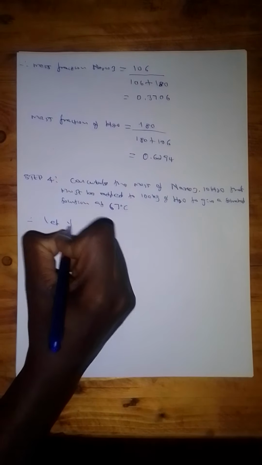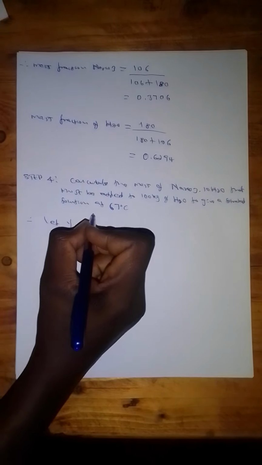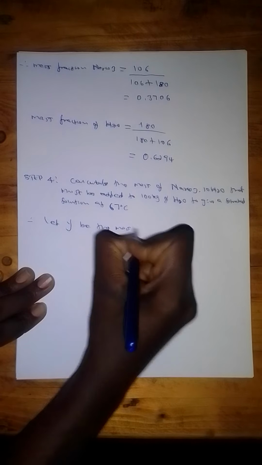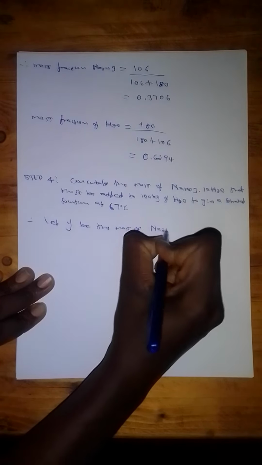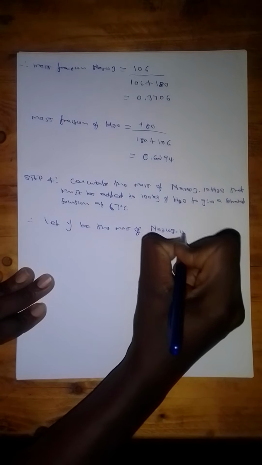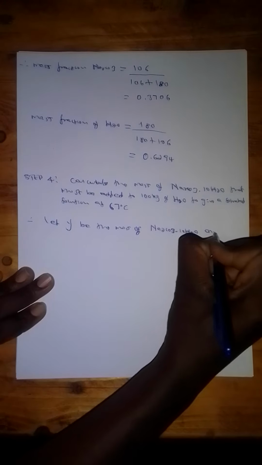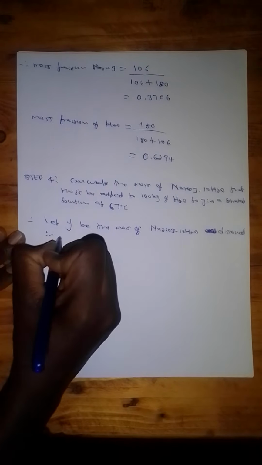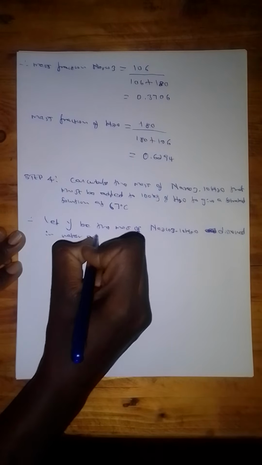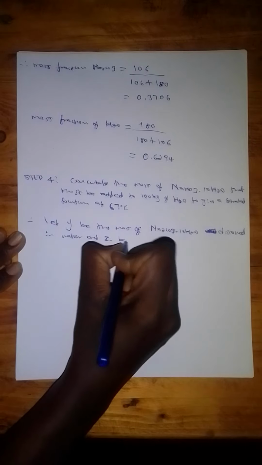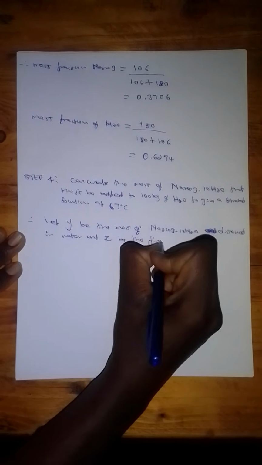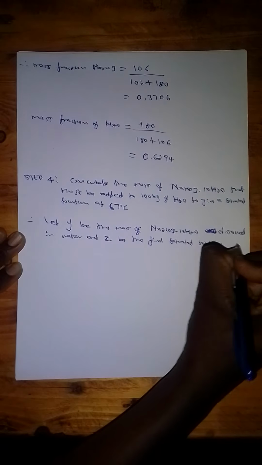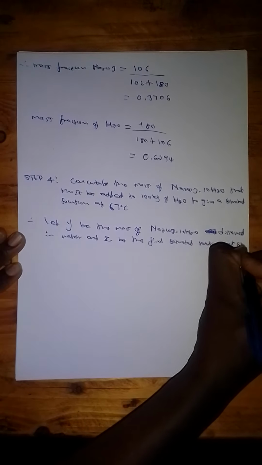Therefore, let y be the mass of Na2CO3·10H2O dissolved in water, and z be the final saturated solution at 67 degrees Celsius.